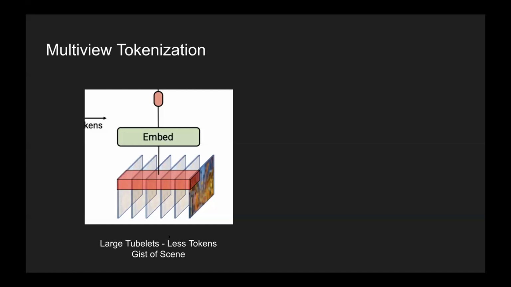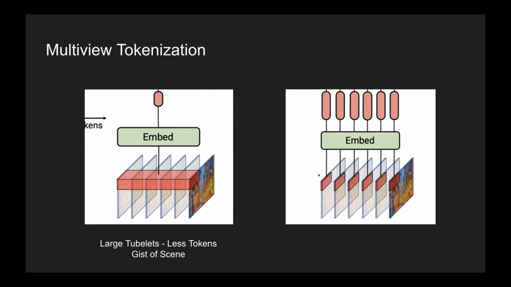These large tubelets give rise to very few tokens, and they are needed to capture the long action in a video. These are embedded using a 3D convolution so that we get the tokens. The other view processes smaller tubelets, which will have more tokens. As you can see, the tubelets are small and the tokens are more numerous compared to the previous view. Such tubelets are going to capture the fine-grained motion in the scene.